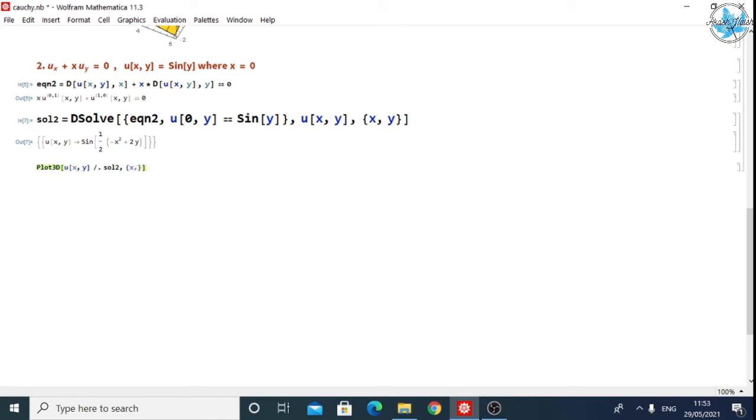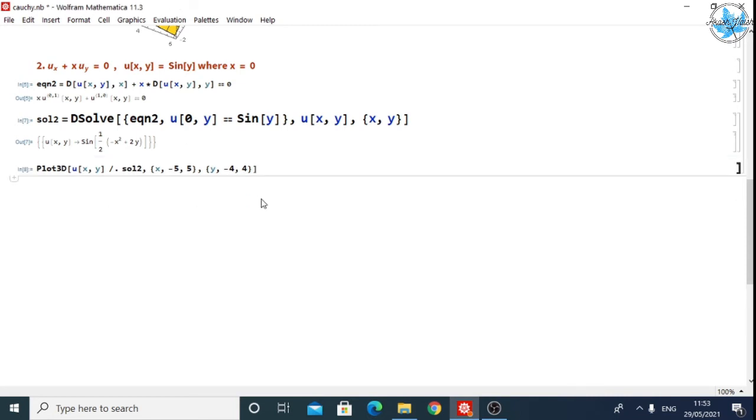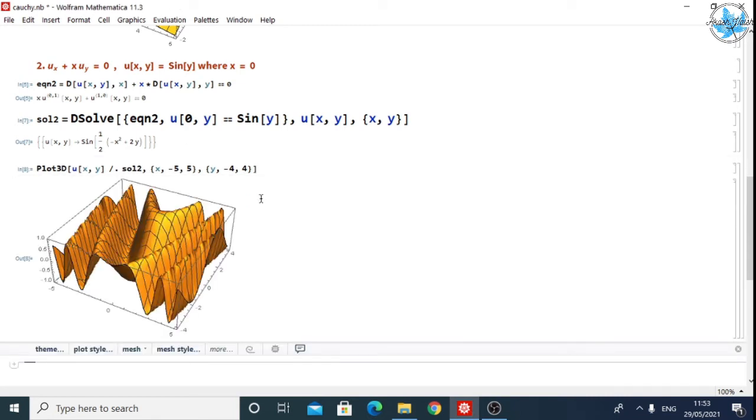Let's take the domain -5 to 5, then by separating comma let's take y from -4 to 4. Then shift plus enter, and this is your graph.